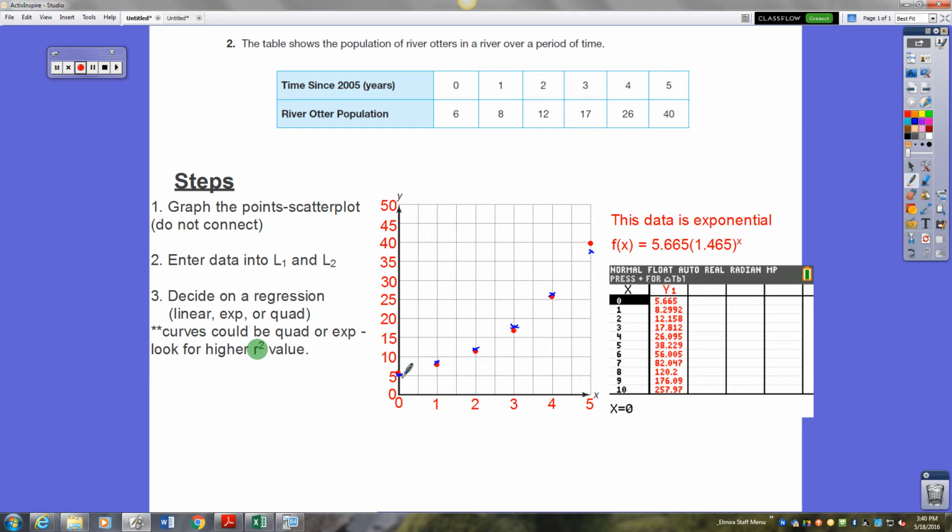So the purpose of drawing this second part, the blue X's and the nice curve I'm going to draw with the blue X's, is that if I continued this graph out to 10, that's what I would be using in order to predict out to 10 years, the line from the graph or the table. I could say, oh, I think there's going to be about 258 otters if I look at this chart here. Okay, so that's how you're doing your homework assignment.